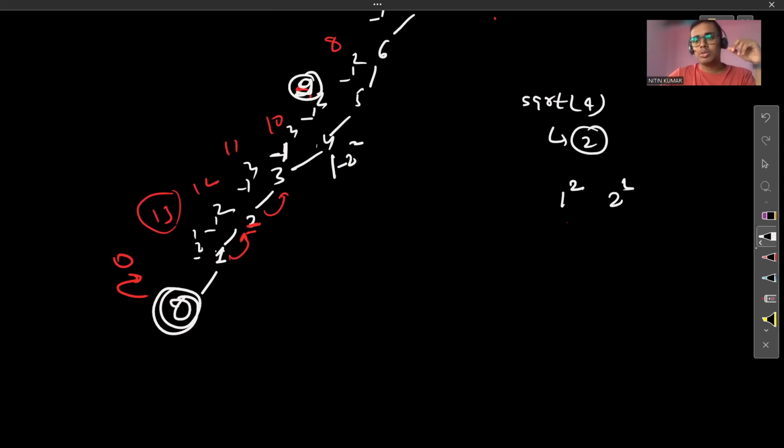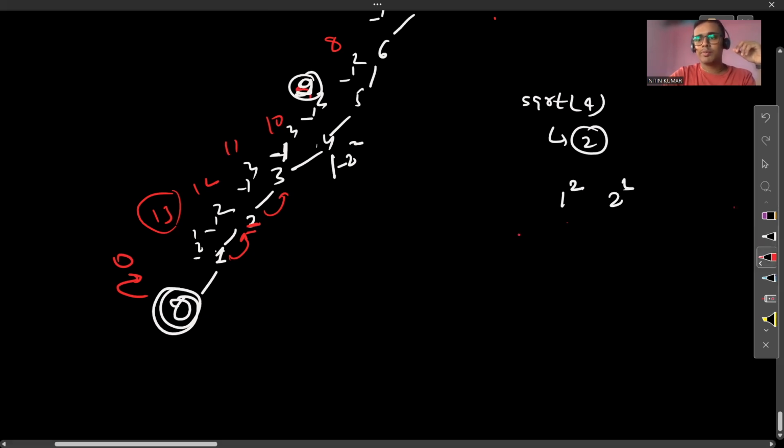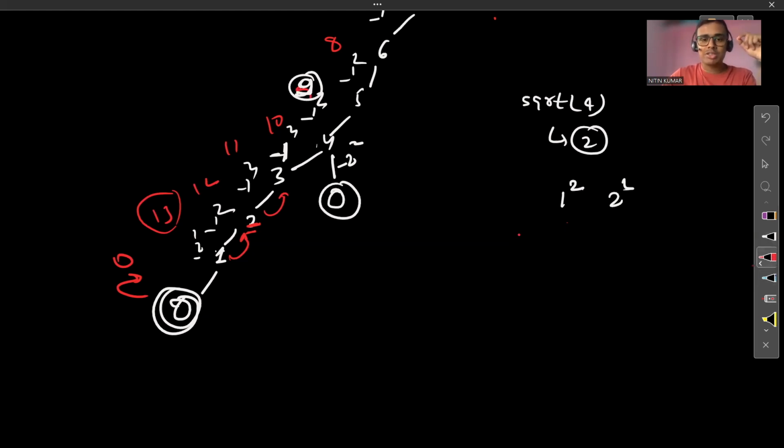Now when we go down here with 2 square, the value becomes 0 because 2 square is 4 and 4 is subtracted. So again we reached 0. And how many steps? To reach here we used 9 steps, and this one step is now added because we are taking a new path.